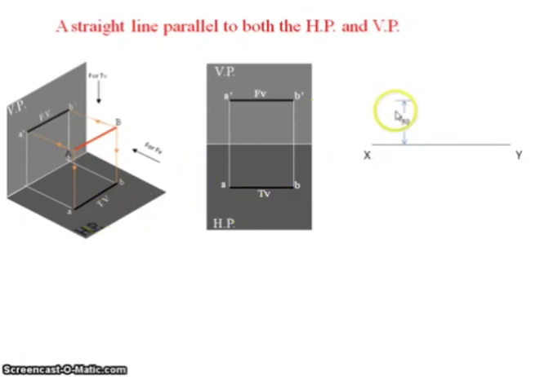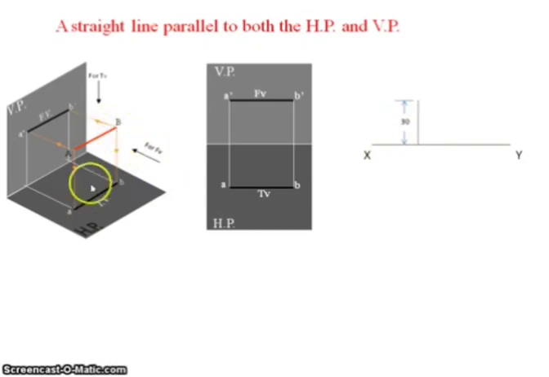So after locating the height, we have to look at the two end points of the straight line. So first draw a projection line, and in between these two projection lines we will get the straight line. So I have located this projection line here, and next we have to locate the other projection line.